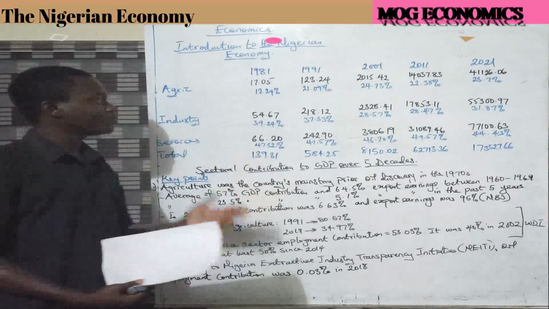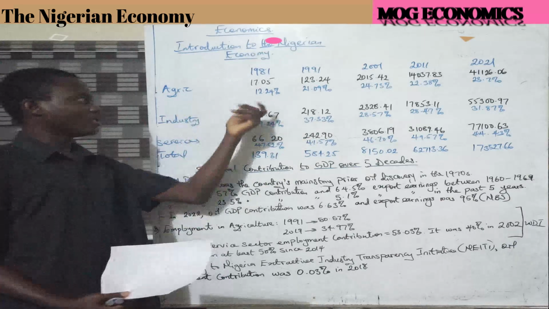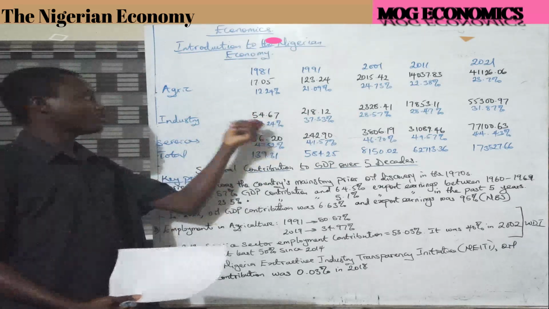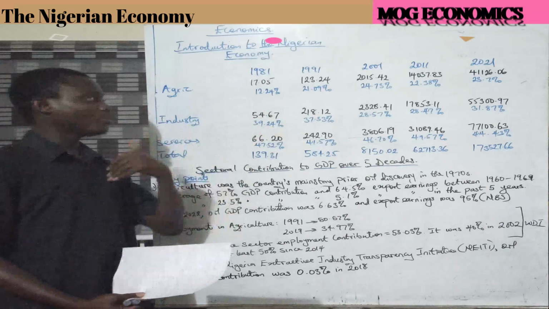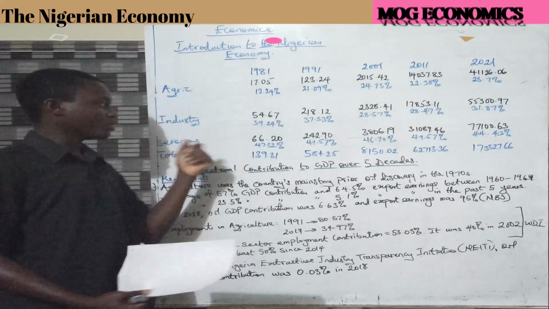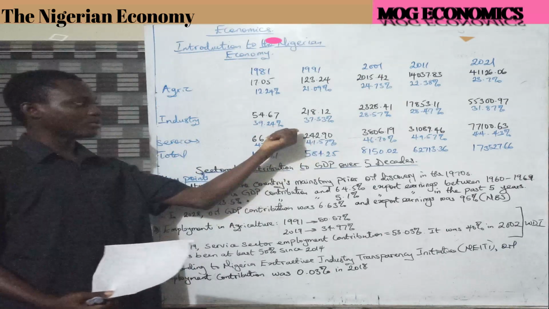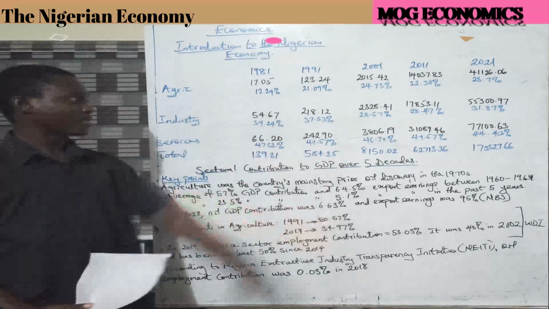Then in 1991, we see from the board that the sectoral contribution of the agriculture sector rose from 12.24 to 21.09. So it almost doubled after 10 years. Industry's sectoral contribution fell to 37.33, and so on.